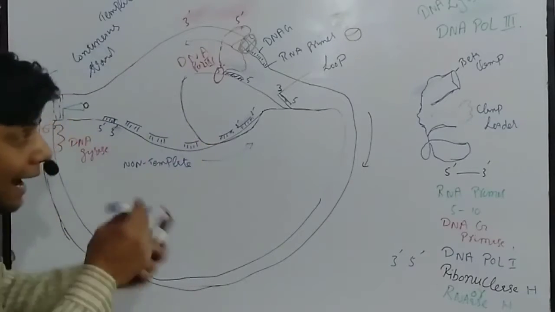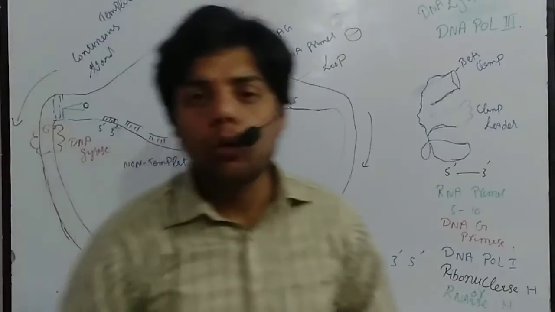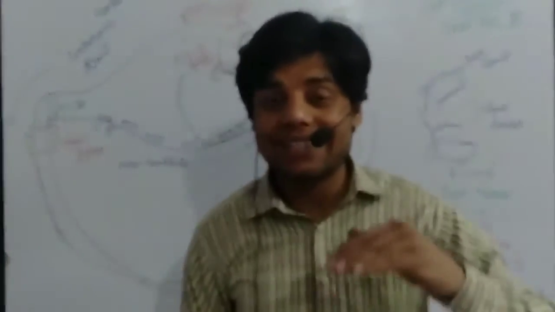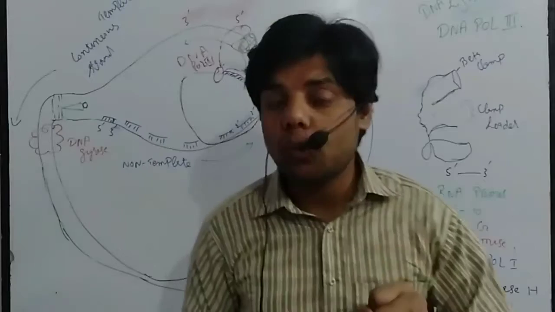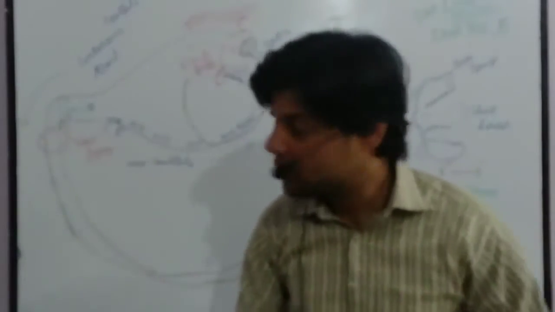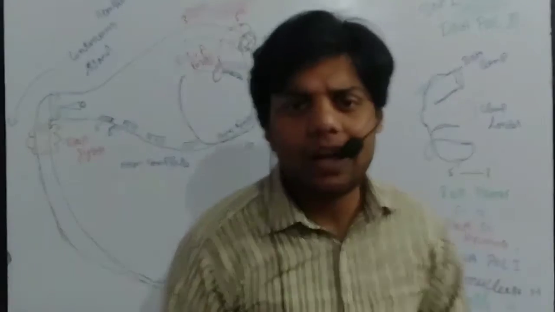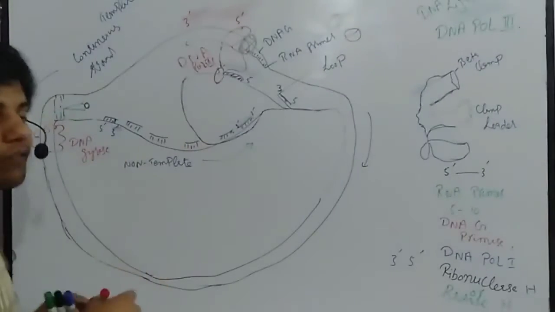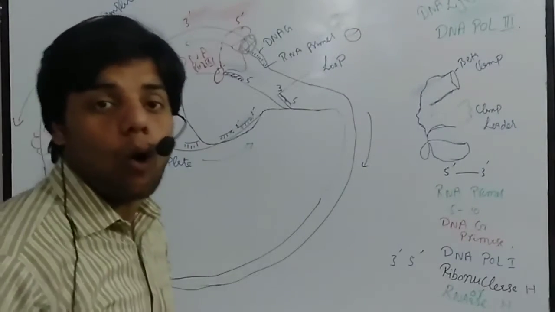But at the lower strand, as I already told you, the lower strand is synthesized in the 3 prime to 5 prime direction. So what actually happened? We have many RNA primers. So these segments are actually RNA primers, and segments, or we can say fragments. These are the RNA fragments, and this fragment was first of all discovered by Okazaki.